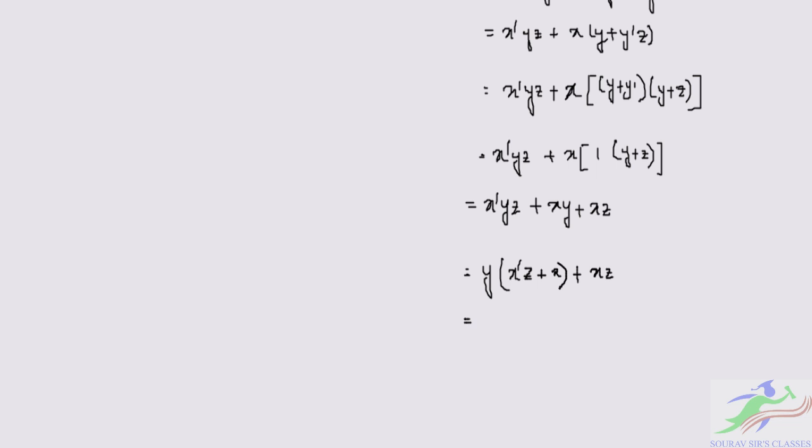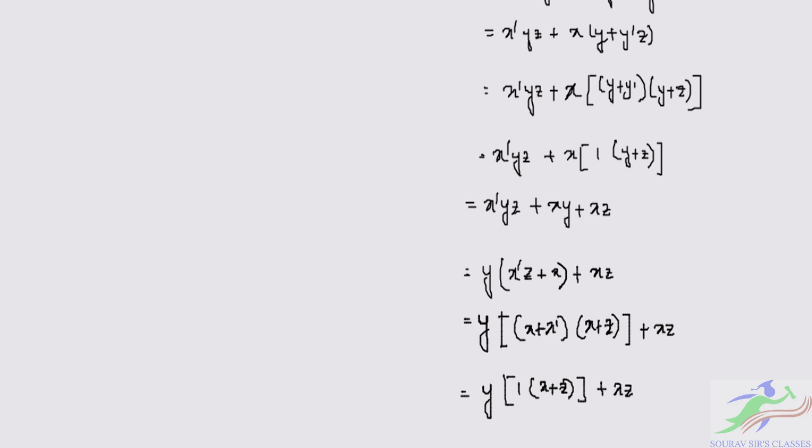The next step we can do a similar process: x plus x bar z, which is x plus z. So this is y times 1 times x plus z, plus xz.